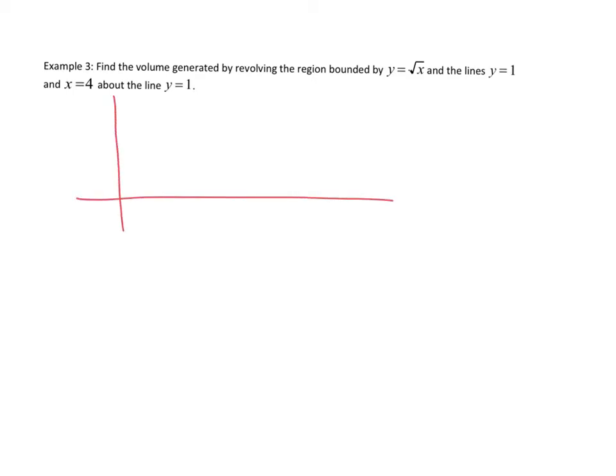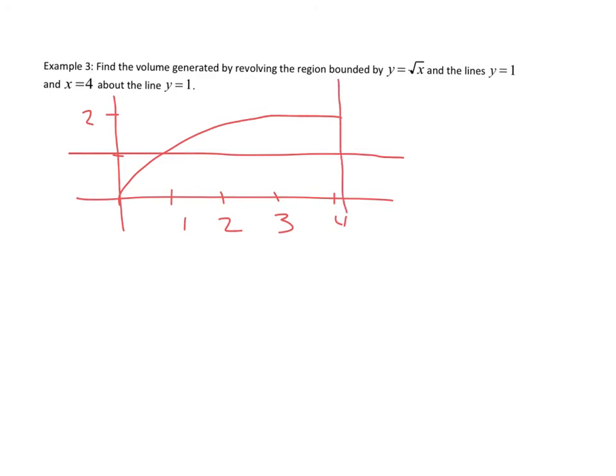Now, this is going to look really similar to the previous one that we had with one exception. The big exception here is that your area is only going to start at y equals 1, and it ends at x equals 4.